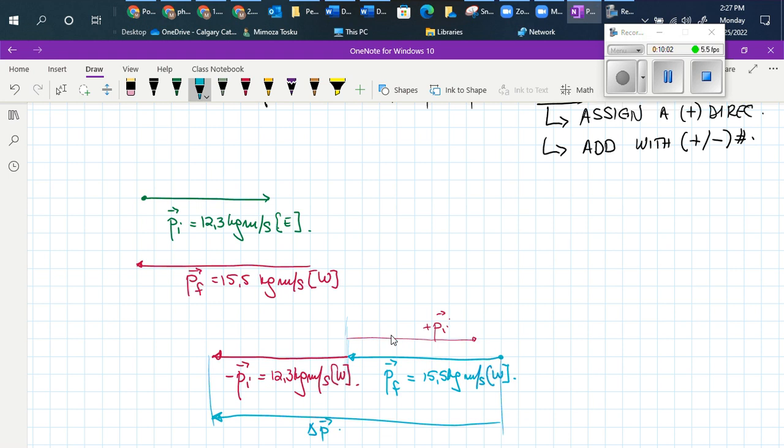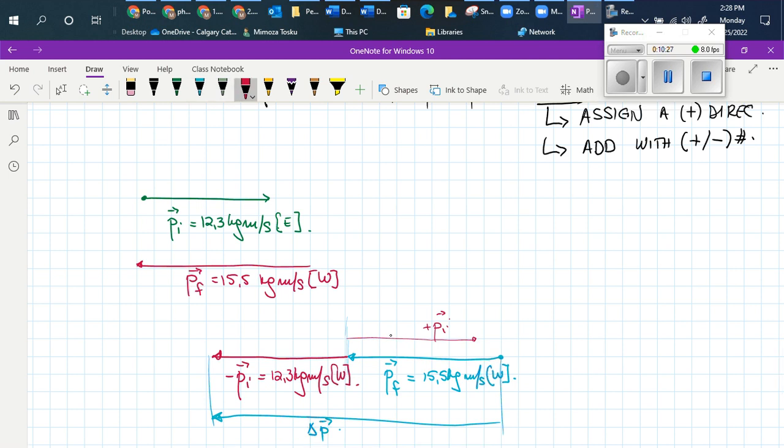But even mathematically, we're using the fact that we are assigning a positive direction, and then adding with positive and negative numbers will give us the answer that the vector, or the graphical way of subtracting those two vectors, represents.